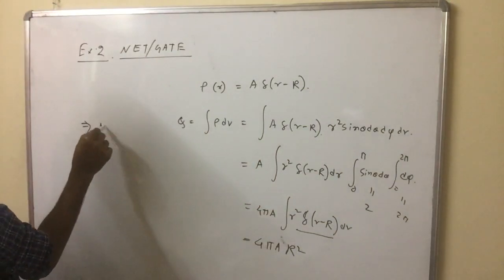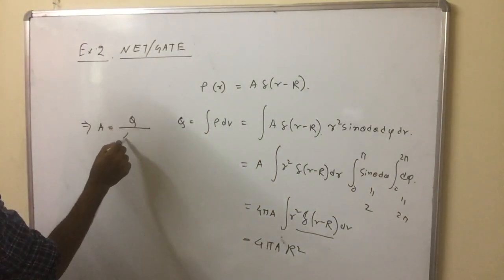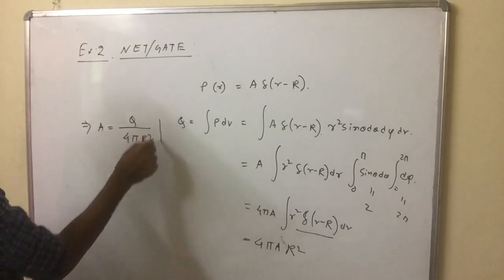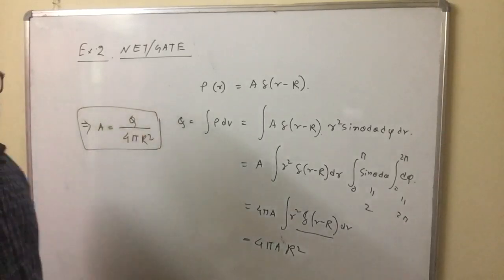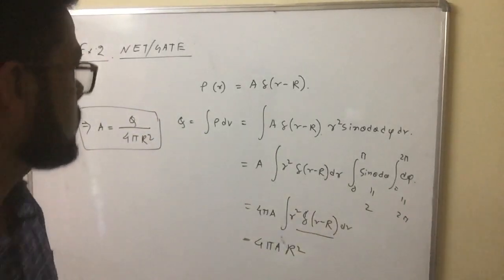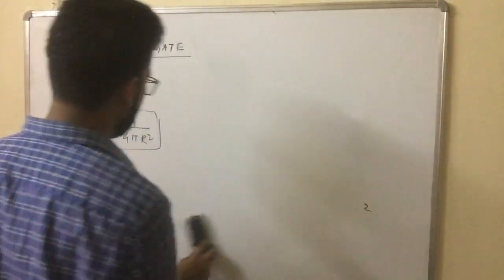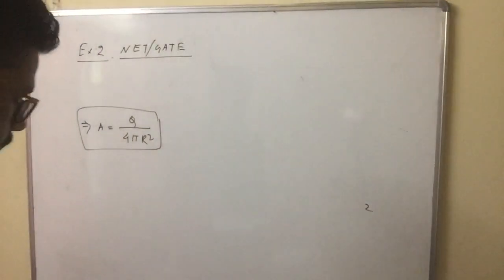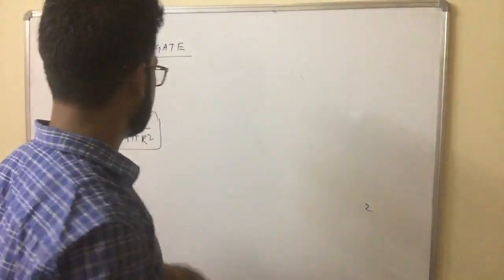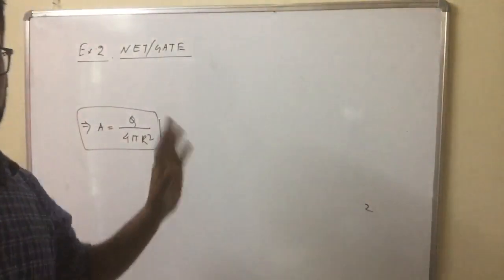Thus A equals Q by 4 pi R squared. This is the value of A. This is how you have to calculate. Then the total charge and the density you can easily calculate.